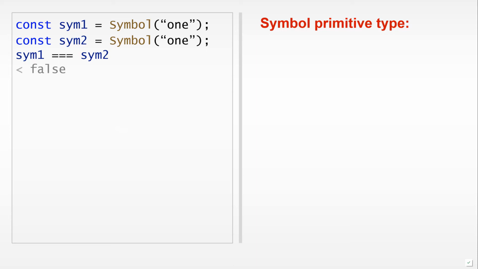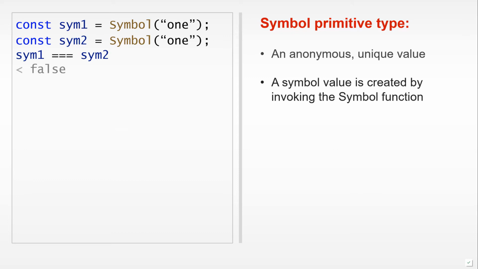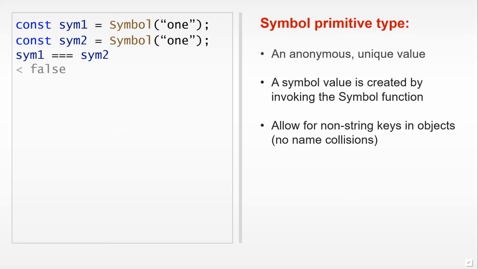And this is what symbols are used for. They give us anonymous, unique values. They are generated by invoking the Symbol function. And they allow us to have non-string keys which don't ever duplicate, making collisions of names impossible inside objects.